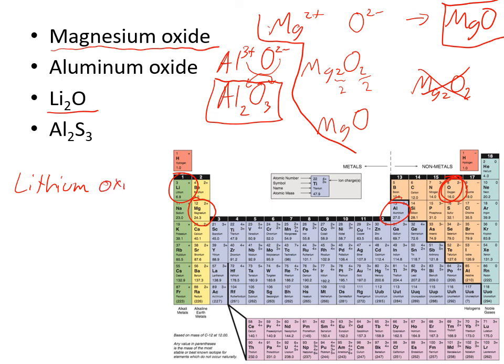So that's our name: lithium oxide. I do that again for this next one, Al2S3. Al is aluminum, and S is sulfur. We're going to change that to sulfide.